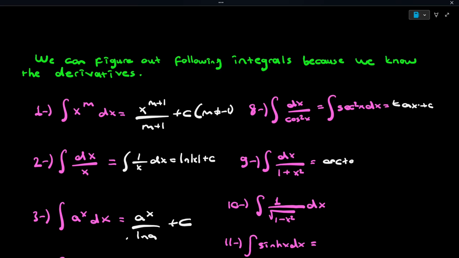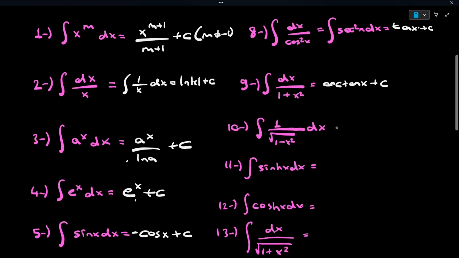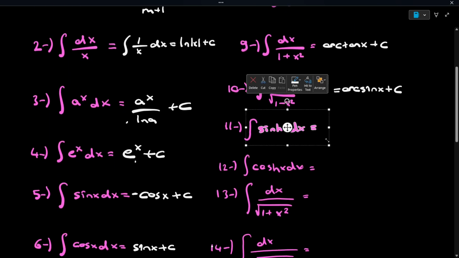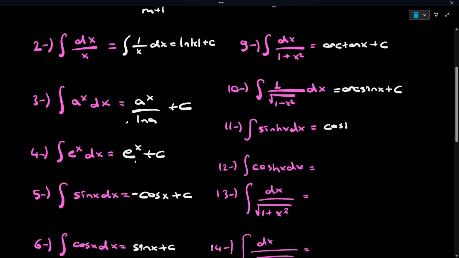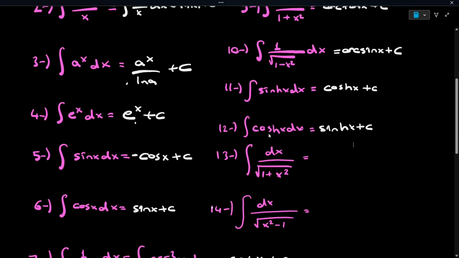This is equal to arctan of x plus c. Arcsine of x plus c. Our hyperbolic functions: if I differentiate cosh of x plus c, and if I differentiate sinh of x plus c, I get back to my integrands, so these will be my integrals.